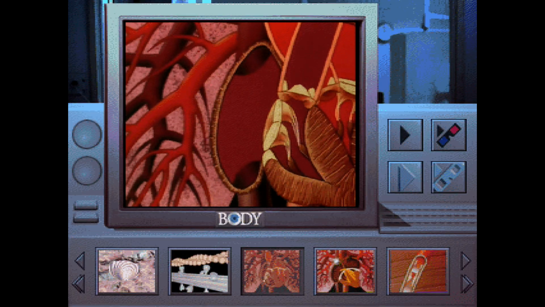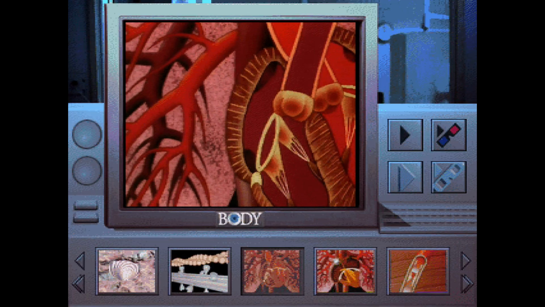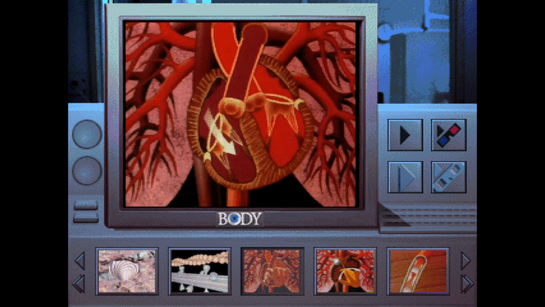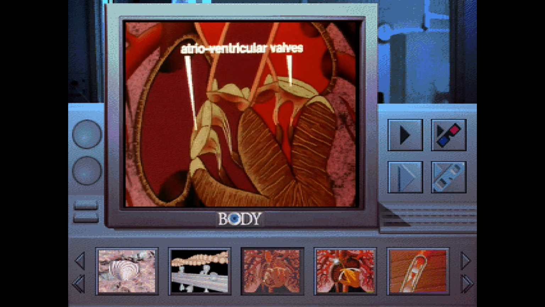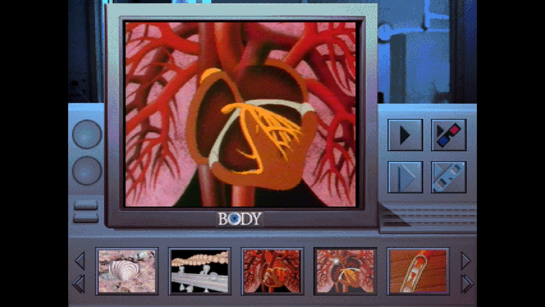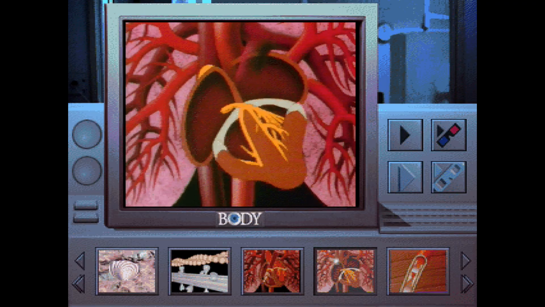Right atrium. Tricuspid valve. Right ventricle. Atrioventricular valves. Pulmonary valve. SA node. AV node.